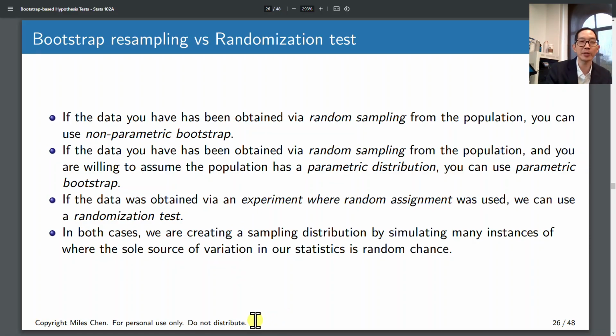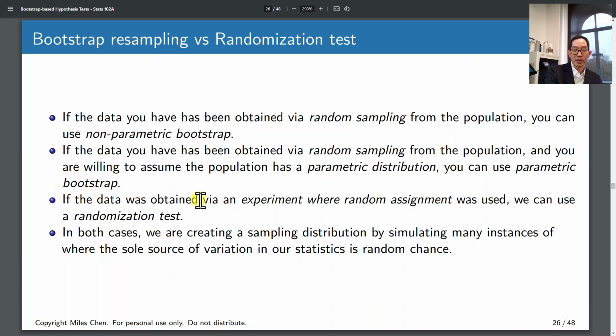Just to compare bootstrap resampling versus, say, the randomization test, which we saw Monday, and parametric and non-parametric bootstrap. If the data you have was obtained via random sampling, you can do non-parametric bootstrap. If the data you have was obtained via random sampling and you are willing to make parametric assumptions about the distribution, then you can use parametric bootstrap.